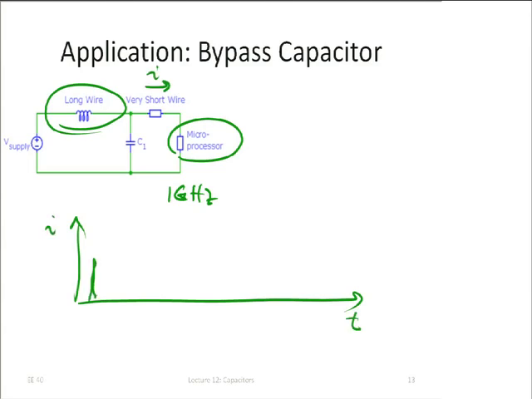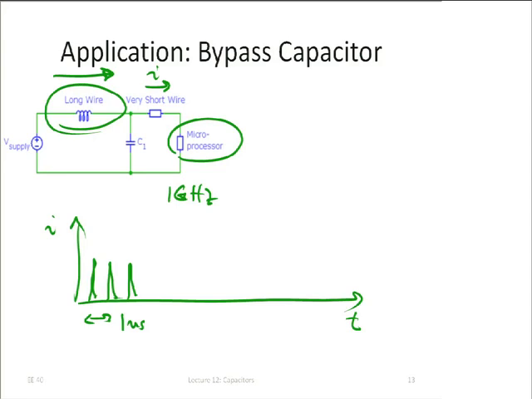And what's 1 over a gigahertz? 1 nanosecond. There would be spikes of current, spaced by perhaps a nanosecond. They would be very large, and then there would be little current, and then again a large spike of current. These spikes of current don't go through this long wire. And so how could you fix that?